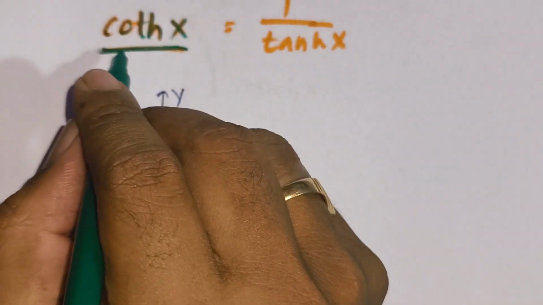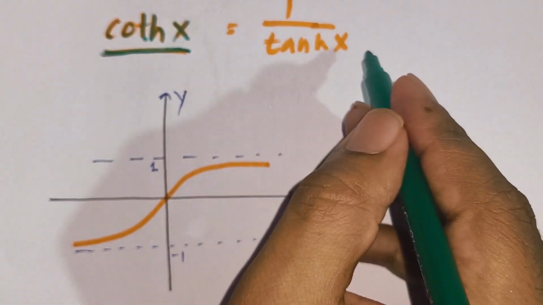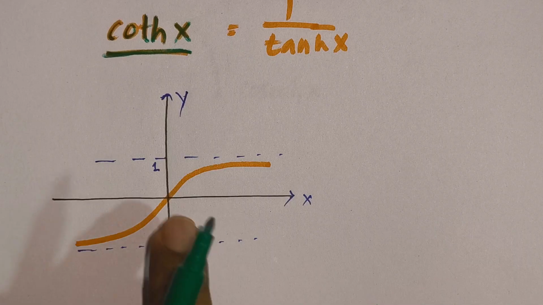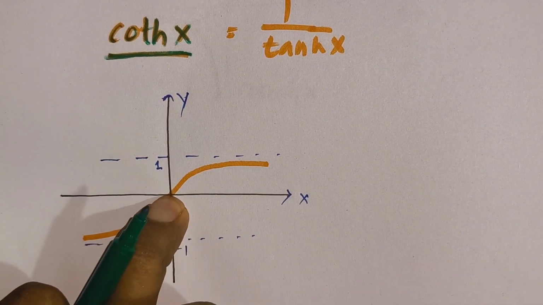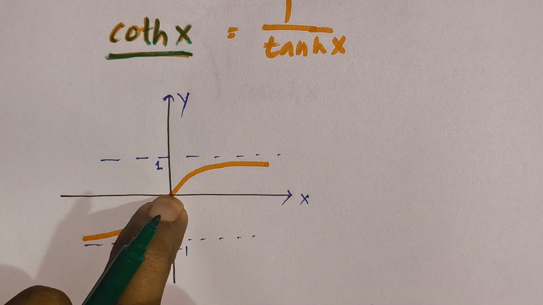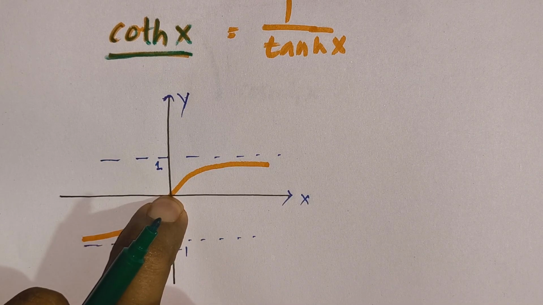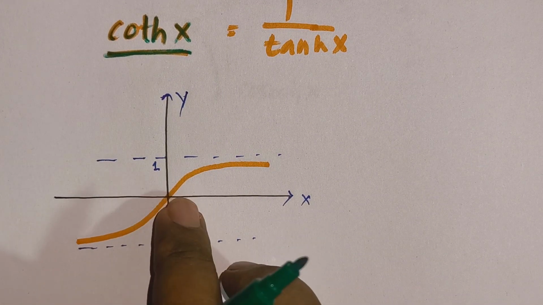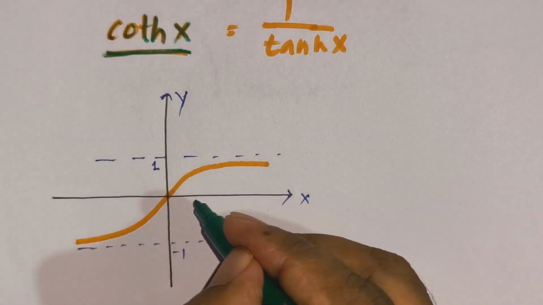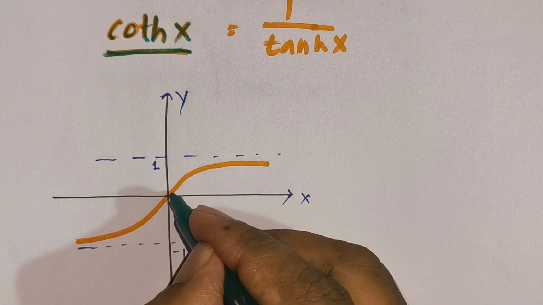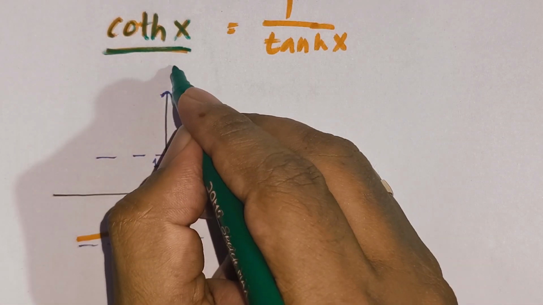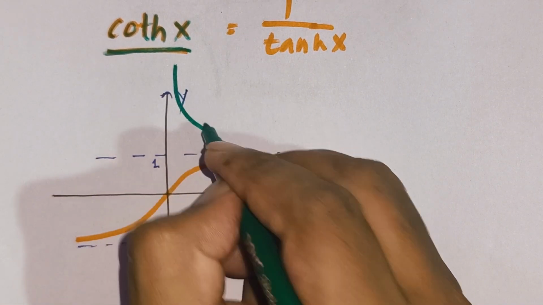Next we have hyperbolic cotangent, which is the reciprocal of hyperbolic tangent. We have already seen hyperbolic tangent. It looks like this one. At the origin, the y value of hyperbolic tangent is 0. So at x equals 0, the reciprocal 1 over 0 does not exist. So 0 does not come in the domain. When you go towards 0, the heights get smaller and smaller, going to 0, so its reciprocal will go towards infinity.